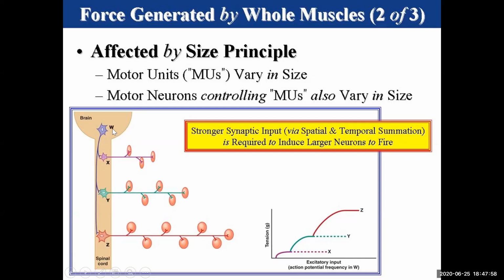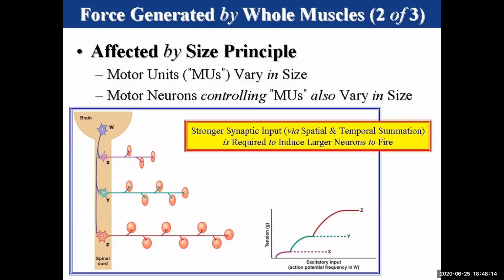W here is the upper motor neuron, okay? That's nothing new. We learned that also. So W, which is the neuron in purple, I hope it's purple, that's the upper motor neuron.